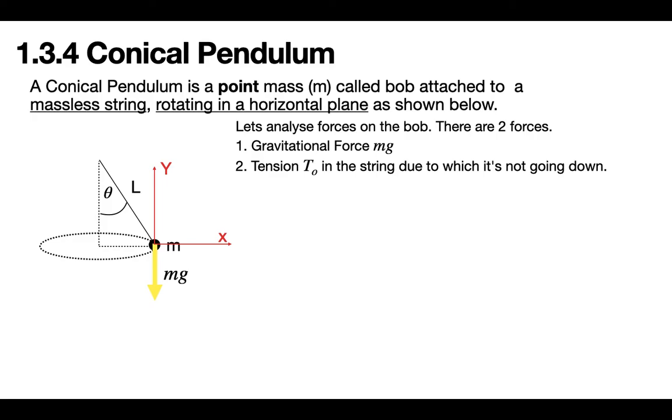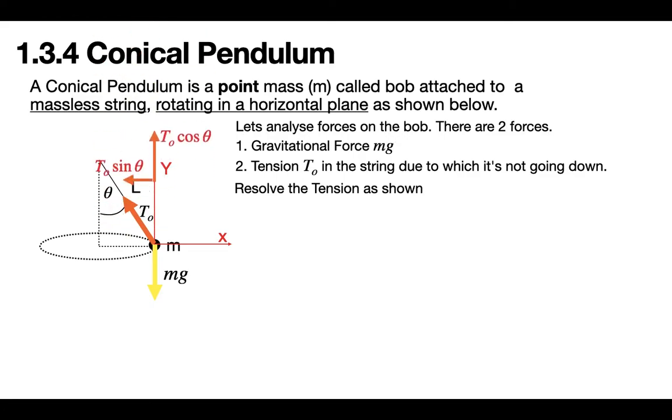So the string is holding, and the bob performs a circular motion, which creates a kind of cone. That's why it is called a conical pendulum, and since it's a circular motion, it is a periodic motion. So that's the tension in the string.